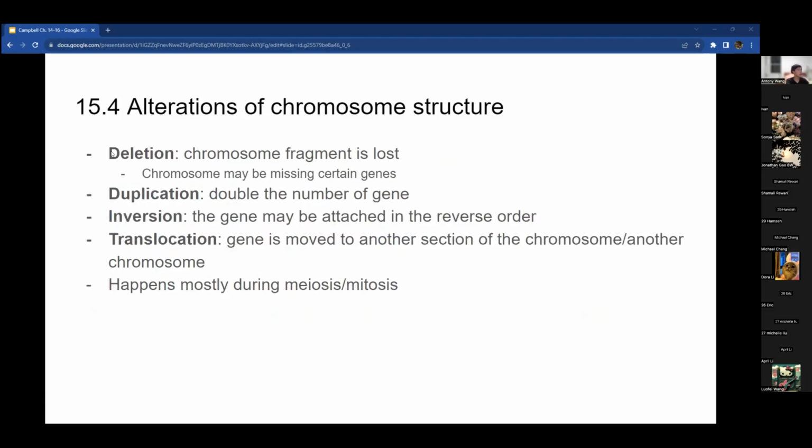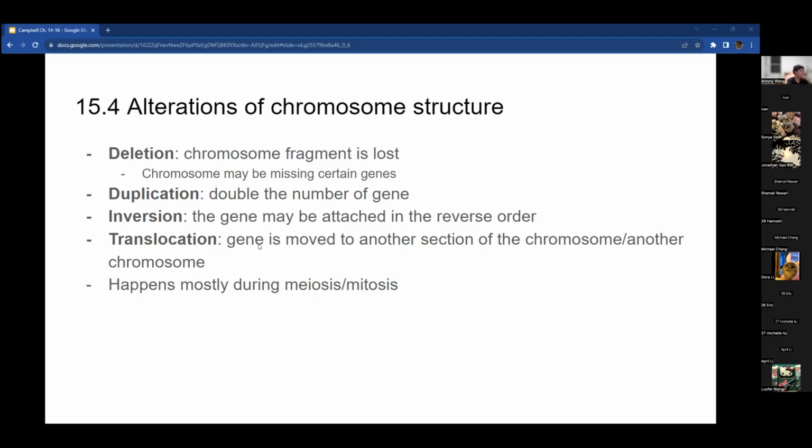Alterations of chromosome structure: deletion, duplication, inversion, translocation. Deletion, chromosome fragments lost; duplication, double number of a gene; inversion, where a piece is not cut out, but the gene might just be attached in the reverse order.